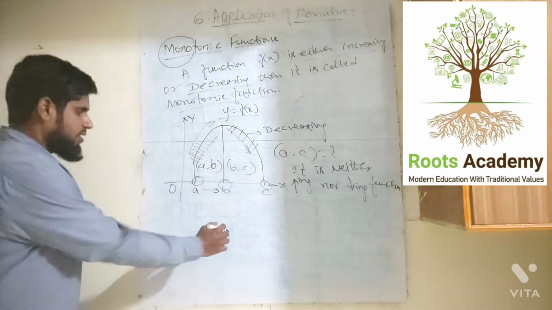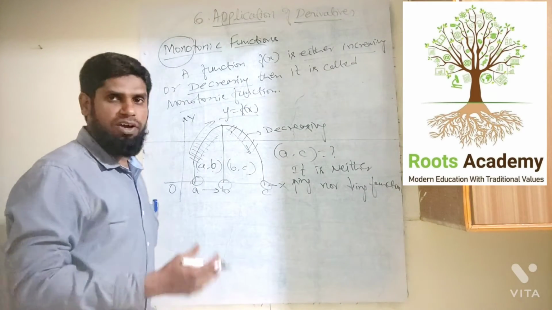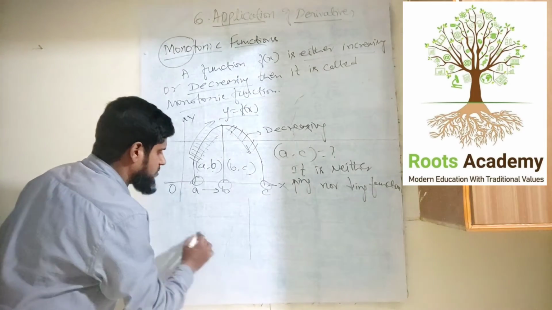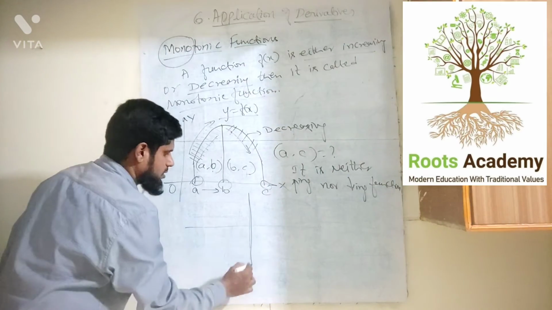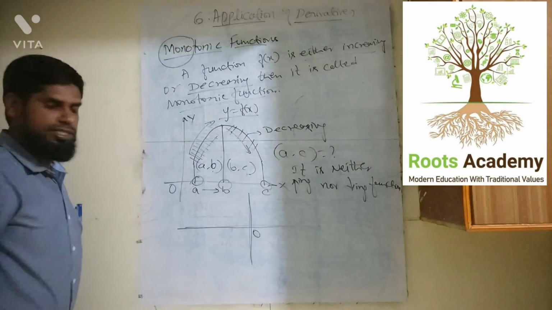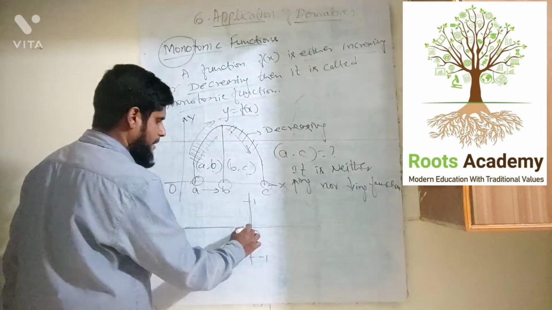For example, I will take one more example. We have seen the sine function, very familiar to all of us. The sine graph looks like this. This is my origin. This is +1, this is -1.